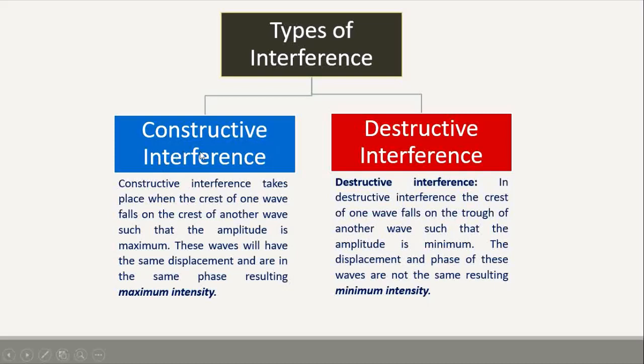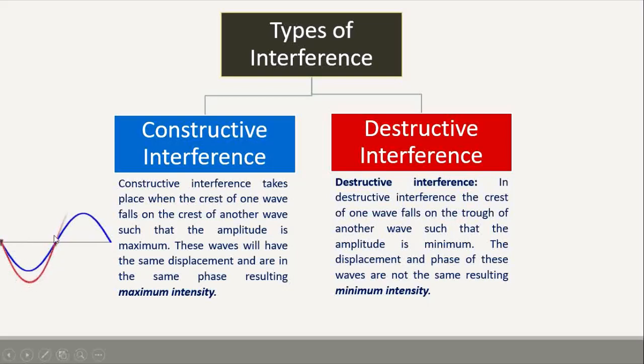There are two types of interference. One is constructive interference, another is destructive interference. Constructive interference results in maximum intensity, and whenever destructive interference takes place, you get zero intensity or a dark band. For example, if this is one wave, in the case of constructive interference, what happens?